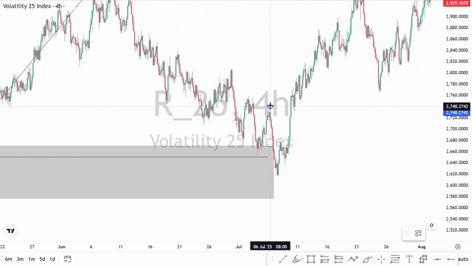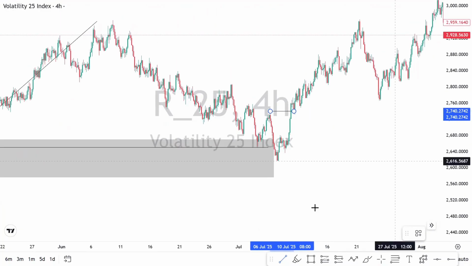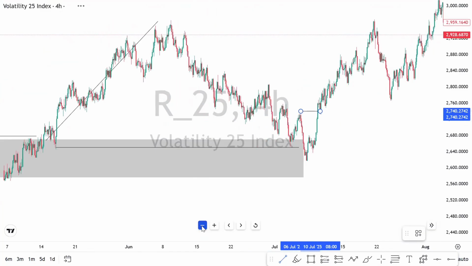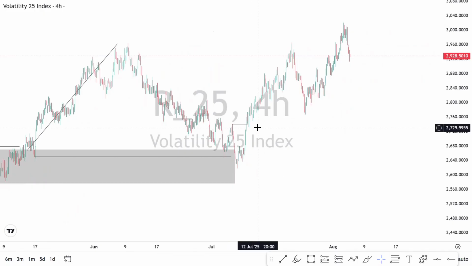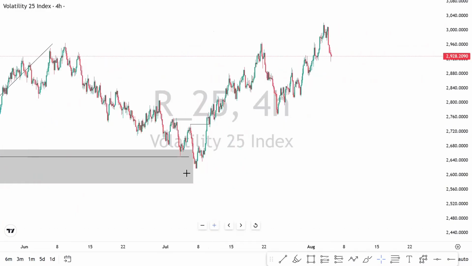There was an impulse change of character to the upside, which is a signal to us that the market wants to use this, our secondary area of interest. Now, what we're just going to wait for is to enter the continuation trade or wait for a retracement back into this area. You can see that we had a void here.